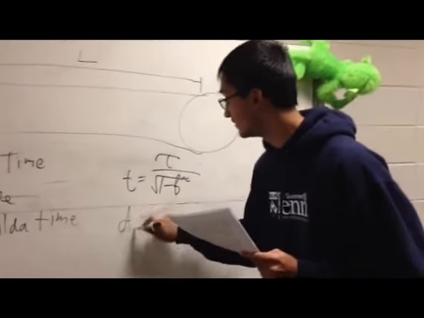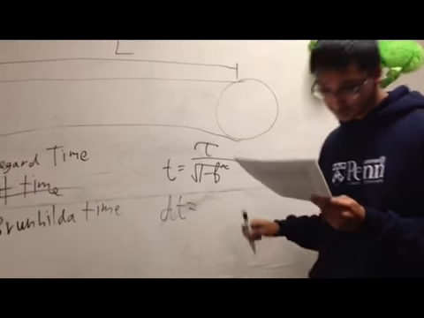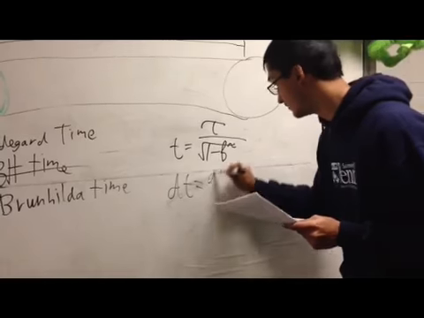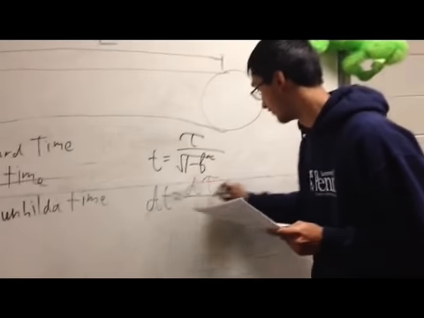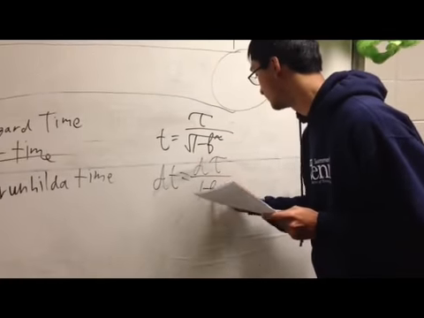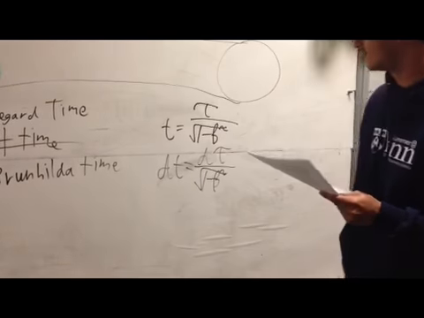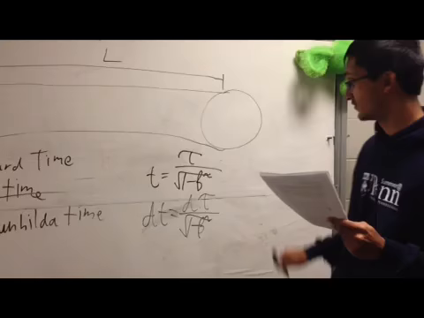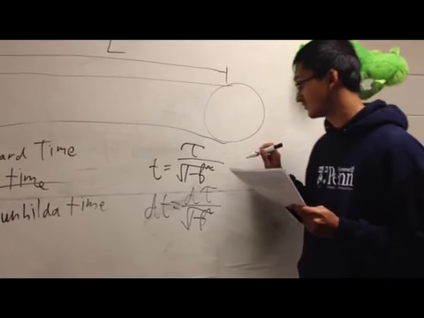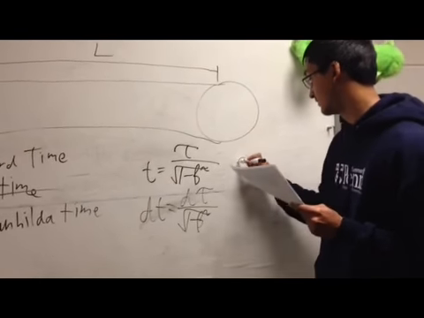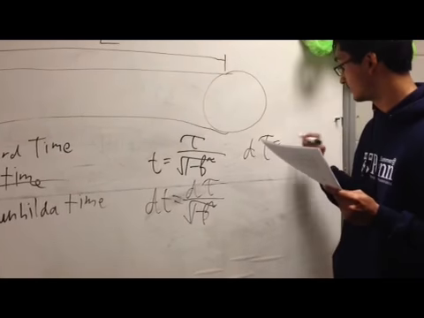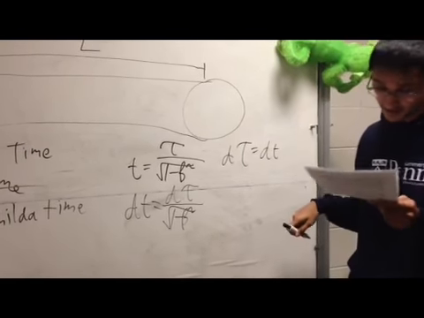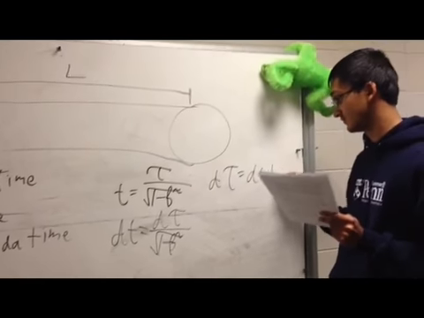It is dt equals d tau over the square root of 1 minus beta squared. But we have to find d tau, so we have to rearrange this. So that would be dt times the factor.